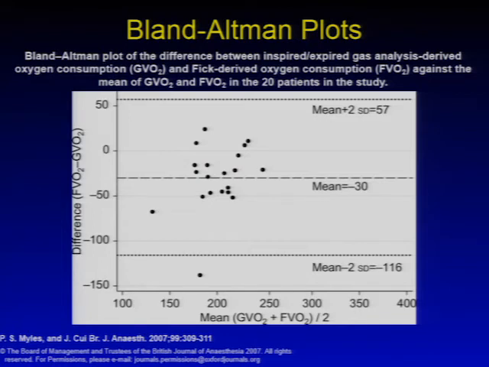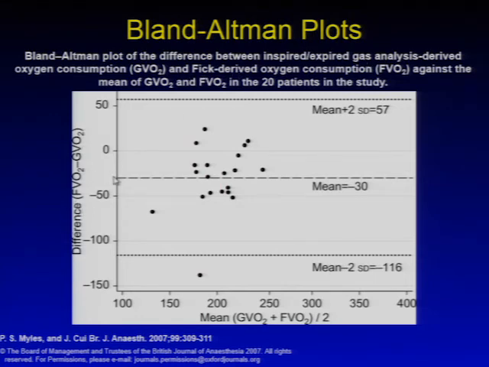What Bland-Altman plots are is the way you can look at data when you're trying to decide if there's a difference between 2 different tests for the same thing. So in this case, we're comparing oxygen consumption from an inspired-expired gas analysis calculation versus a fit calculation.